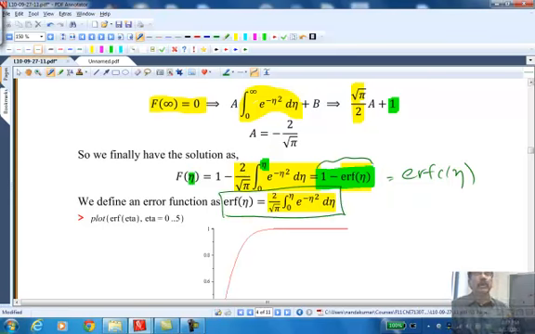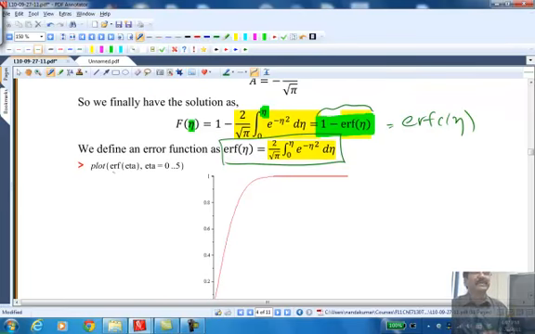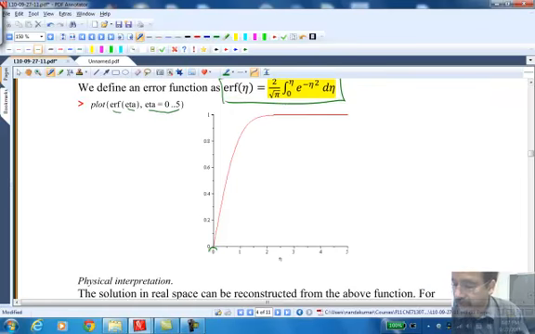And you can ask Maple to plot that error function with respect to eta going from 0 to 5. Of course, it goes from 0 to infinity, but you cannot plot a graph that stretches up to infinite length. So we just pick 0 to 5, eta on the x-axis, and plot the error function.